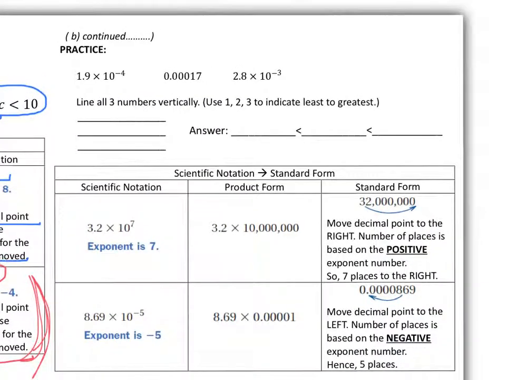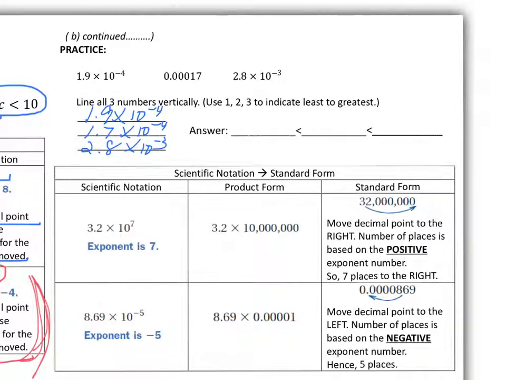The first one is already in scientific notation, so I'm going to write it down here. And the second one is 1.7 times 10 to the negative 4. The third one is already in scientific notation. Okay, let's take a look at which one's the smallest one.